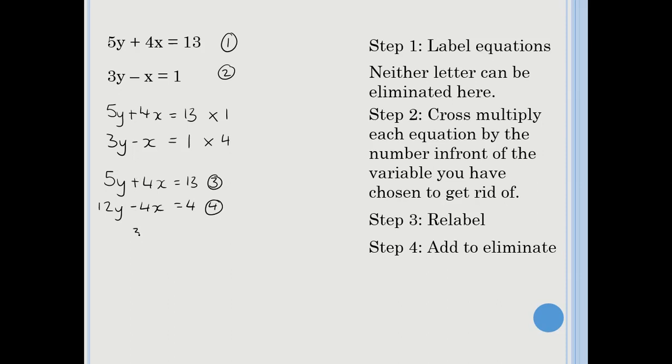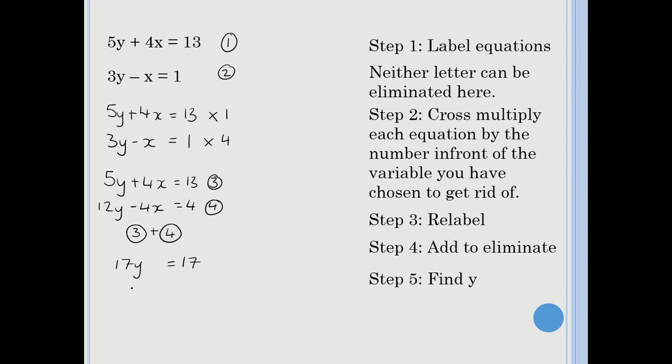So I'm going to tell whoever's looking at what I'm going to do. I'm going to add equation 3 and equation 4 together. 5y plus 12y is 17y. 4x add negative 4x cancels out. And 13 add 4 gives me 17.